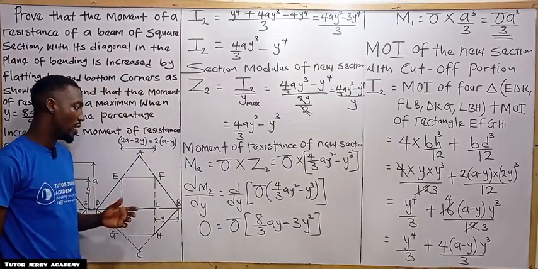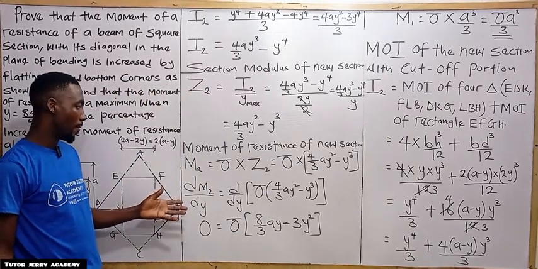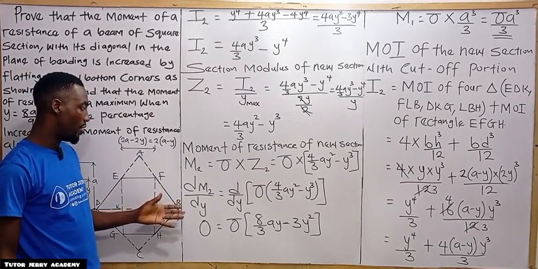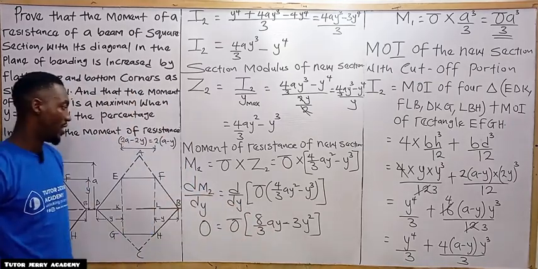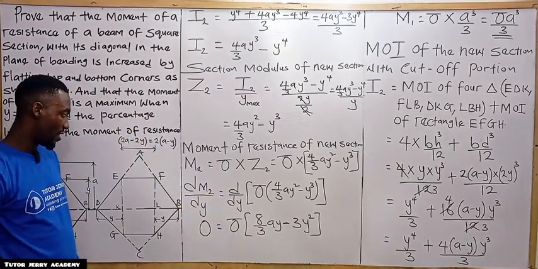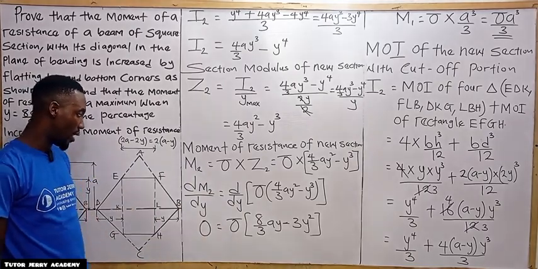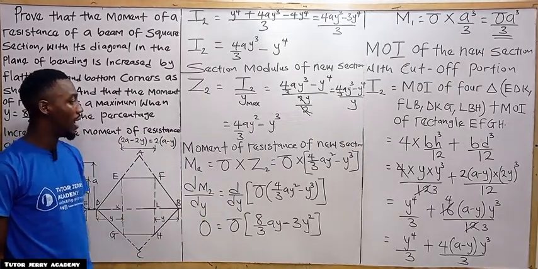So the next thing we are going to do is divide through by our stress. Our stress will cancel out, then we can equate what we have inside.